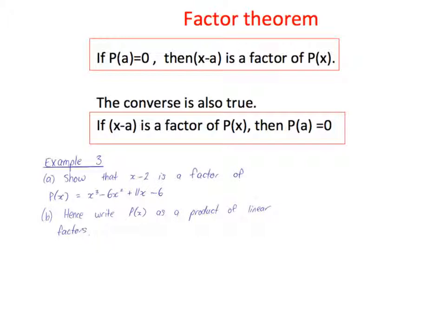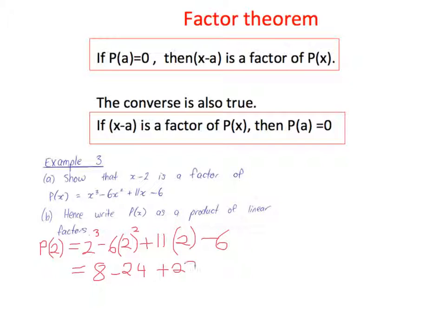So in this example here, show that x minus 2 is a factor of p of x. We are going to find p of 2. And when we substitute that in, hopefully that equals 0, because it's saying that you need to show that it is a factor. So 2 cubed, because it says show, I would show every little bit. 6 times 2 squared is 6 times 4.